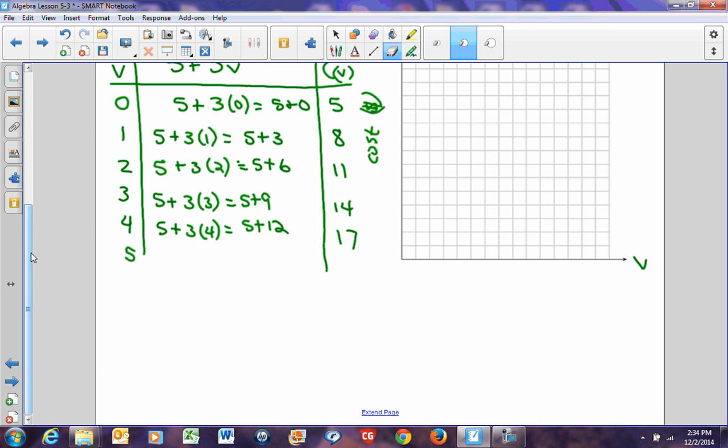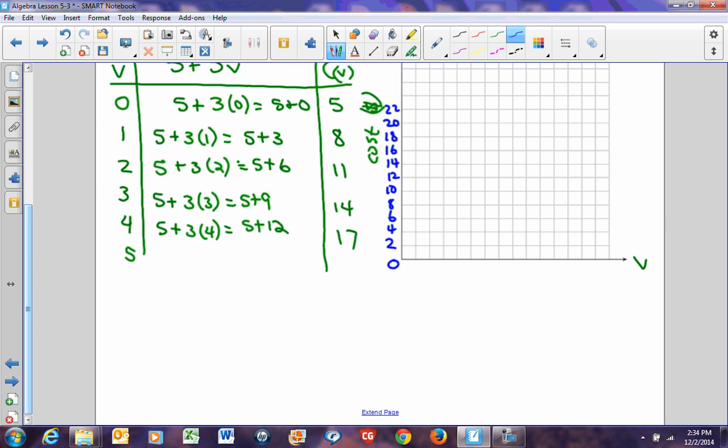So I'm just basically going to graph, okay, this is 0. And maybe I want to graph by 2s. Okay, 2, 4, 6, 8, and lovely.